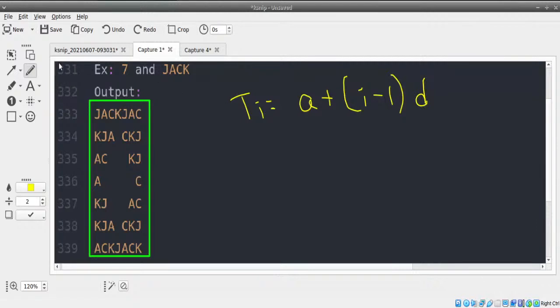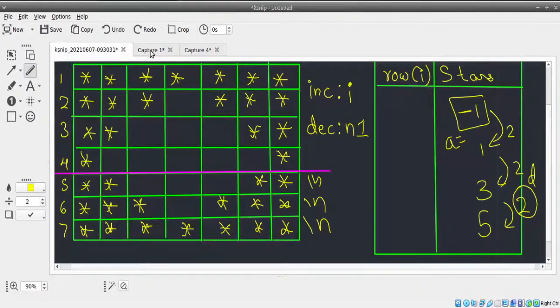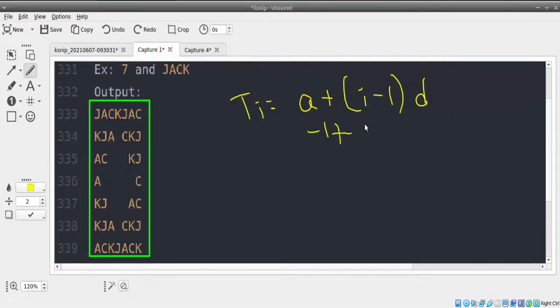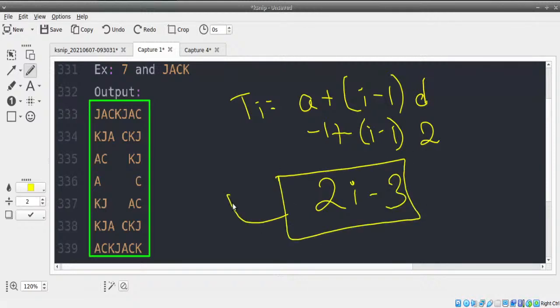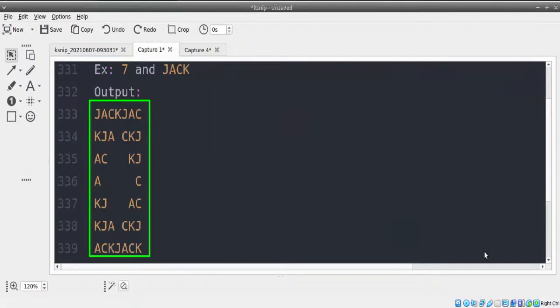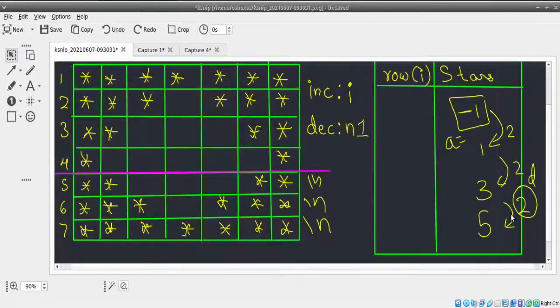What is the initial value? -1 that we had. So I'll take -1 plus i minus 1 into, what is the common difference? That is 2. If you calculate this, you get 2i minus 3. That is the number of spaces you have in line number or row number i. I hope that explains the entire logic at Aditya Sahu's question. Now going back to Dinesh's question.